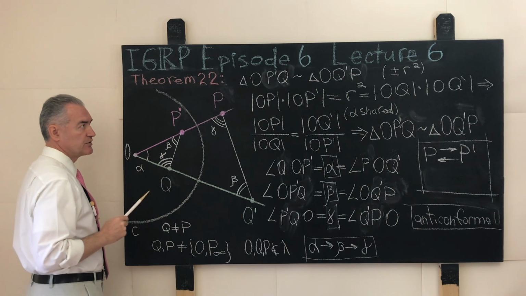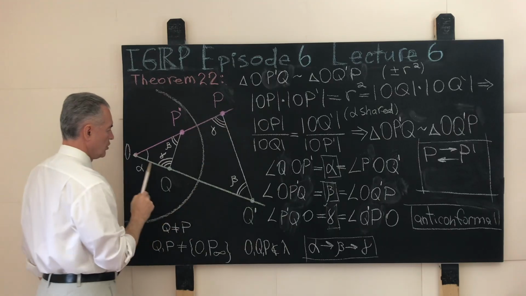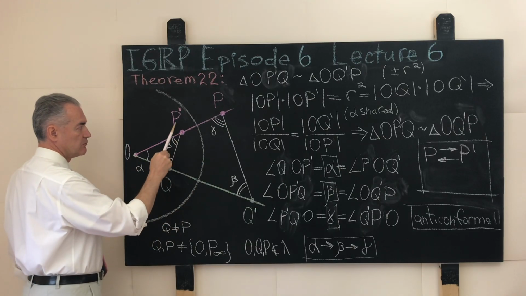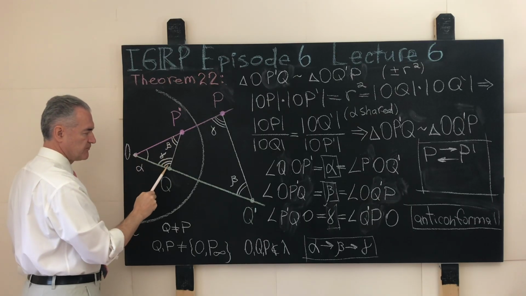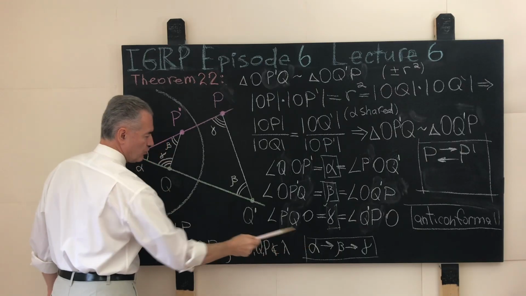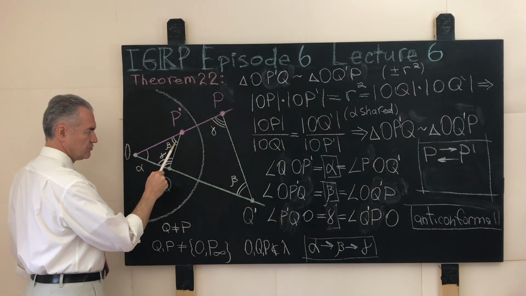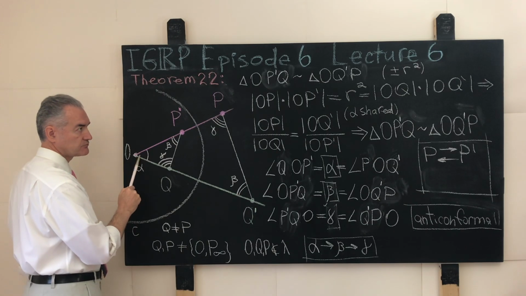And that triangle will be similar to the triangle OP prime Q, because in this triangle we visit the angles in exactly the same cyclic order, from the angle alpha to the angle beta to the angle gamma to the angle alpha again.